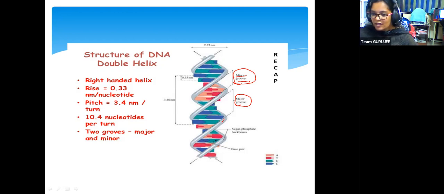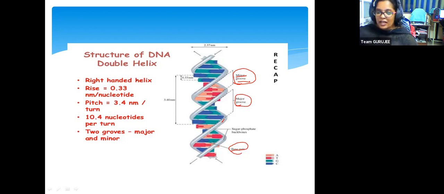You know that, right? Those are called base pairs. We'll see which come under purines and which come under pyrimidines. See here, it is a right-handed helix.